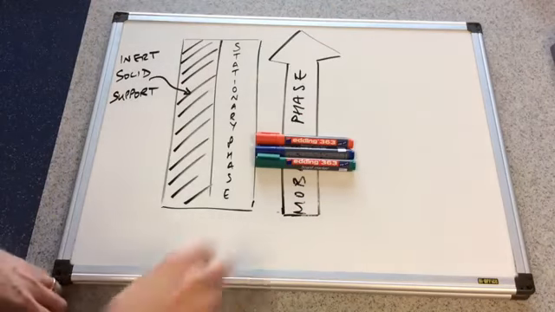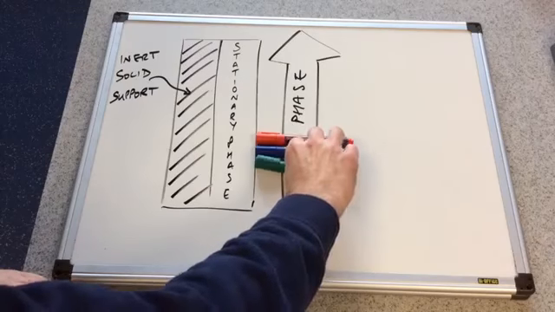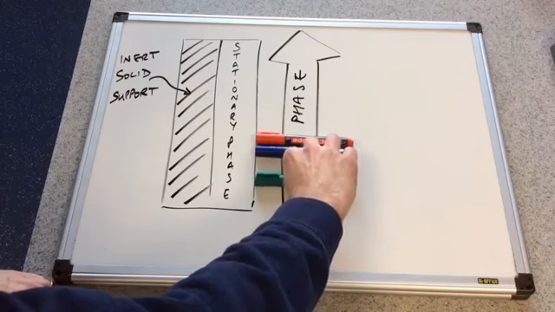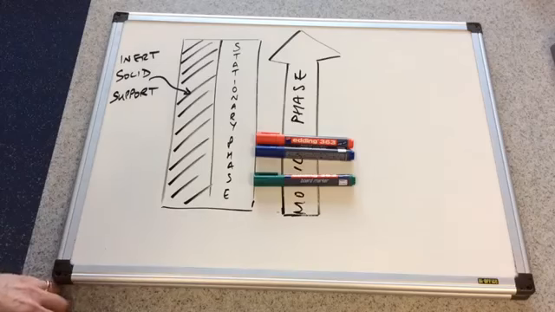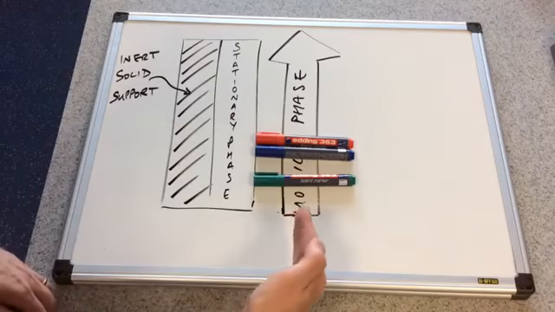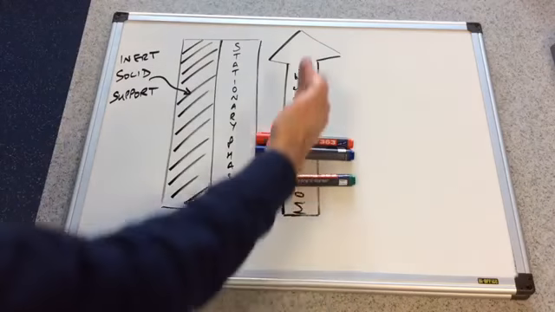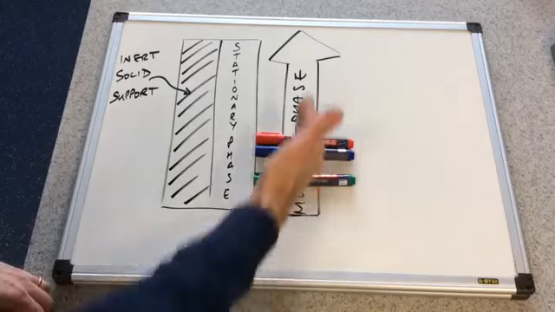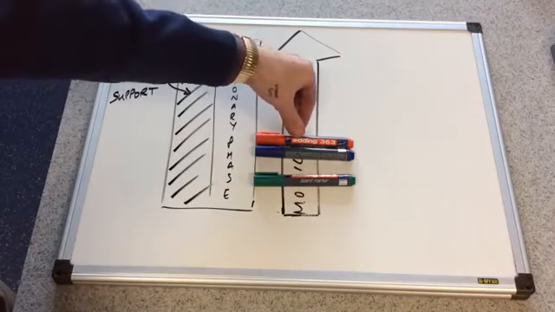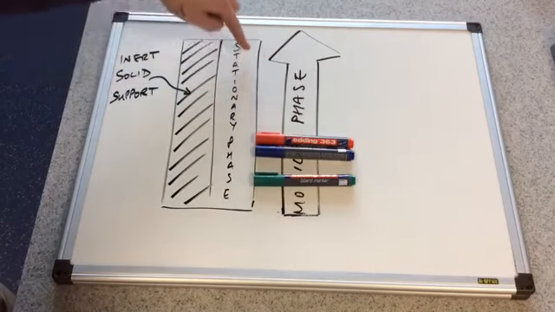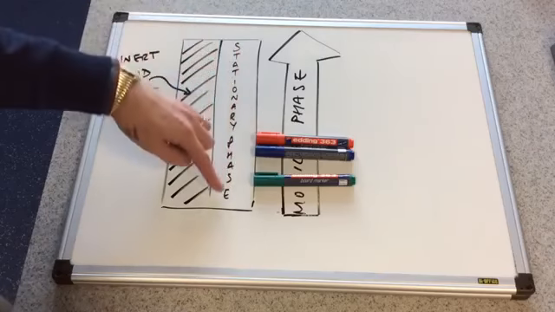So just for argument's sake, let's suppose that the green ink interacted really strongly with this stationary phase. That means that the mobile phase is going to struggle to take it up through the experiment. And let's suppose the red ink had a very weak interaction with this stationary phase.